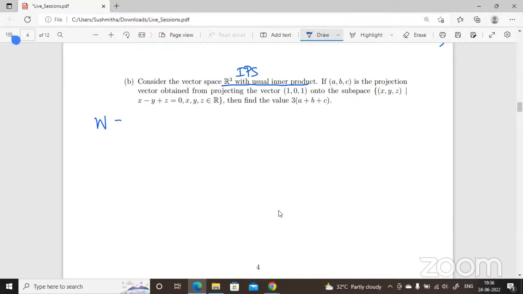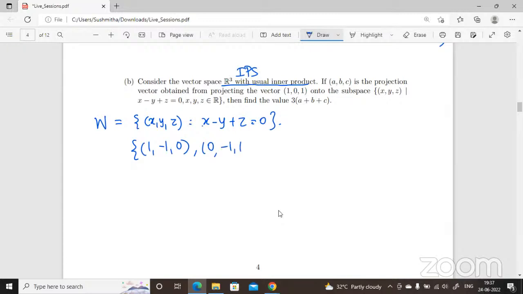What is W first of all? Find a basis for W. Let me try some vectors. 0, minus 1, 1 doesn't satisfy.